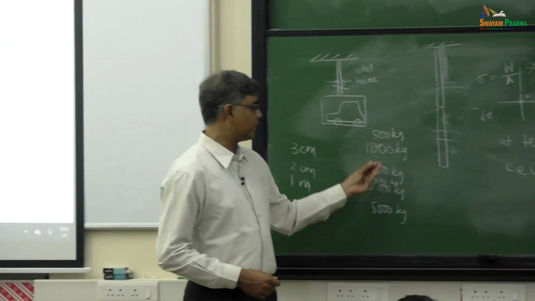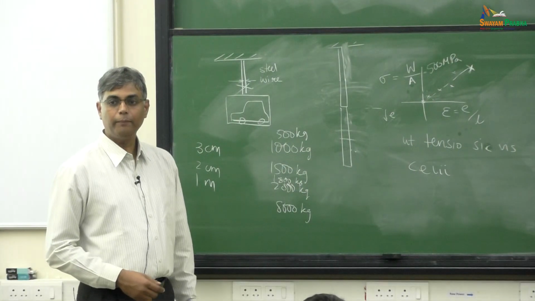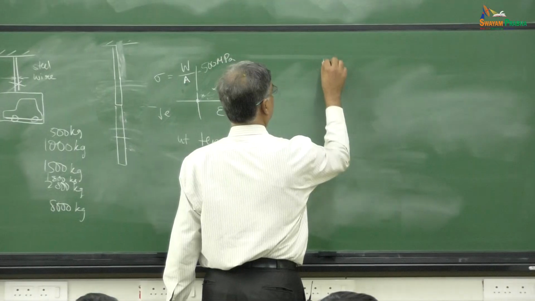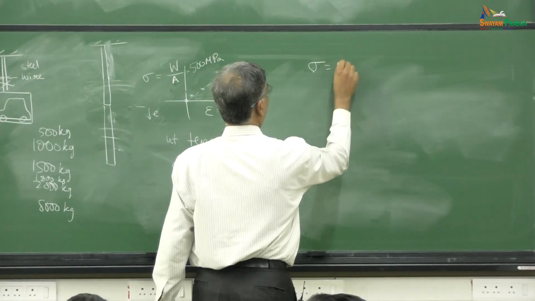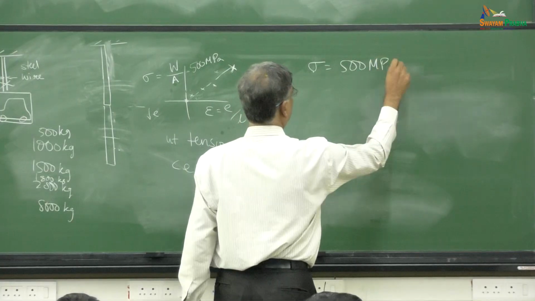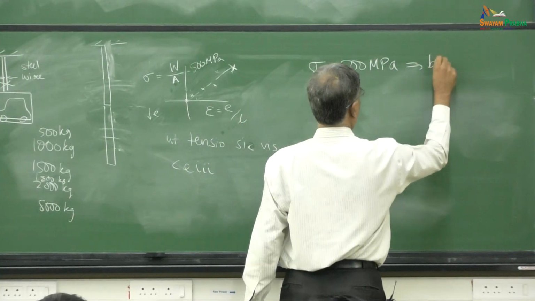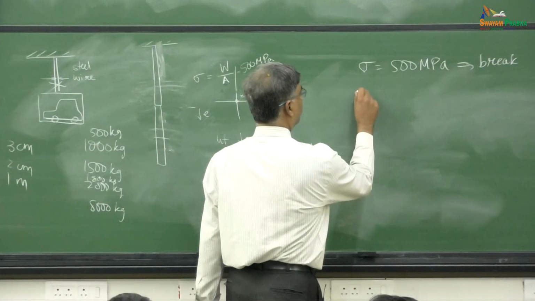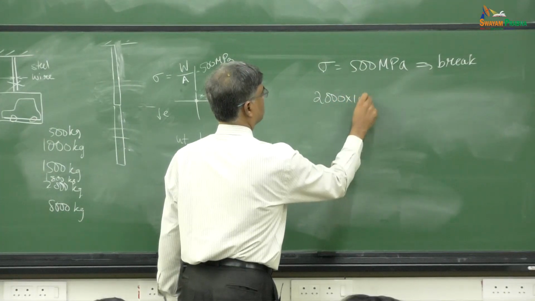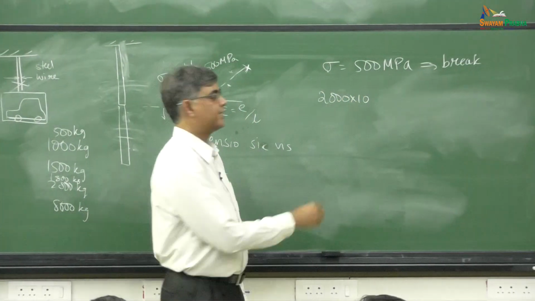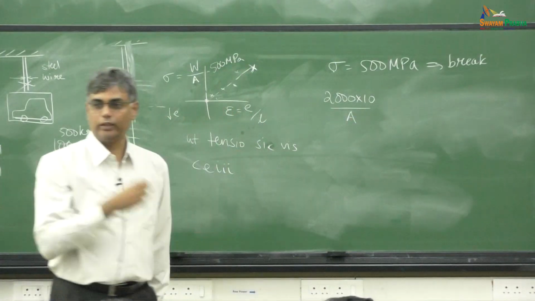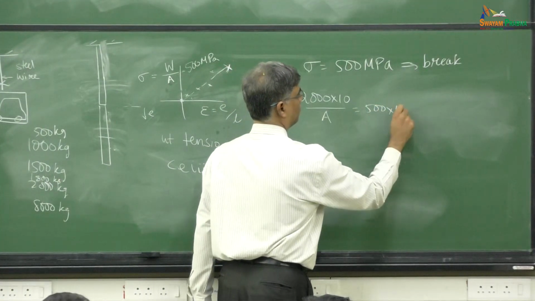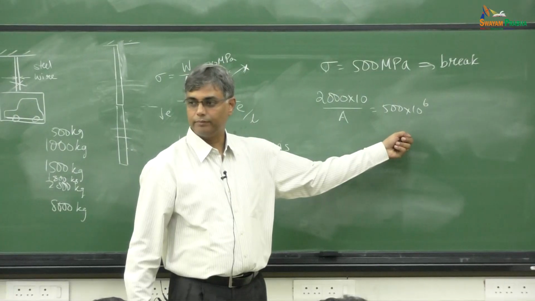So anyway, let us assume that it is say 2000 kilograms. Okay. So what we said was, when the stress reaches 500 megapascals, it will break, which means that if 20,000 newtons is applied over the area of the thickness of it, and that reaches 500 into 10 to the power 6.